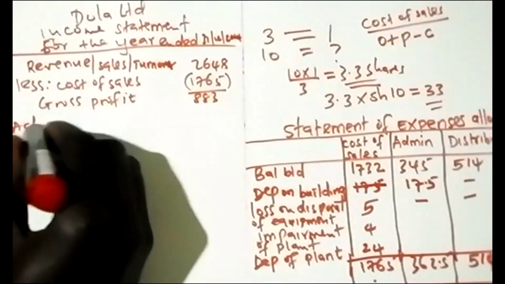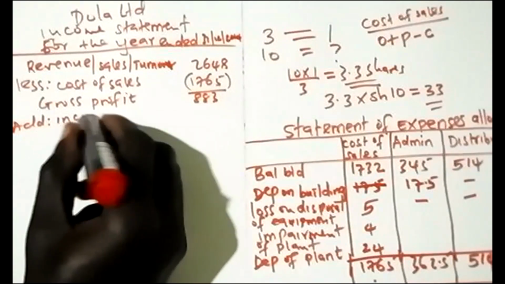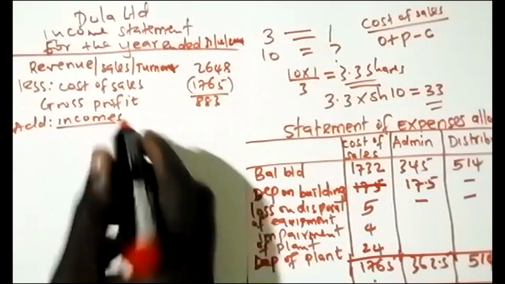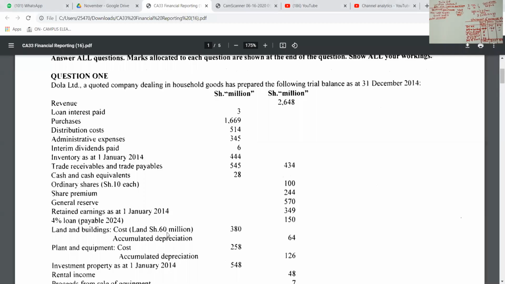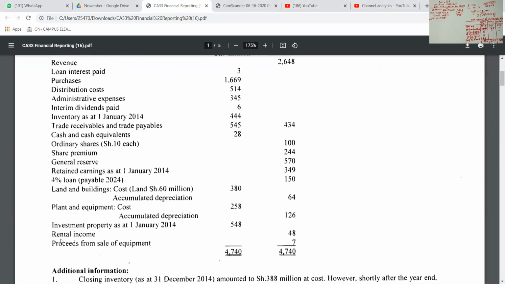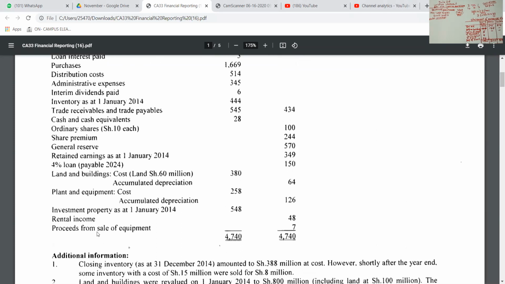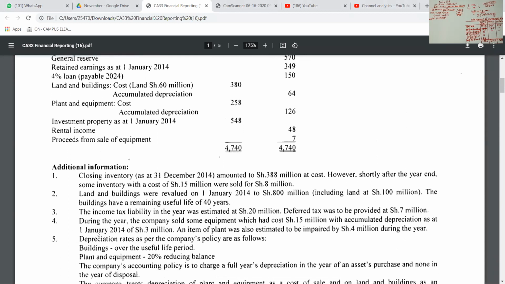Then you add some incomes. Which are some of the incomes we add there? We have some direct from the question and some which you need to do like a small working. There's the second last item here, rental income of 48. And again, there's this investment property, which increased in value from 548.